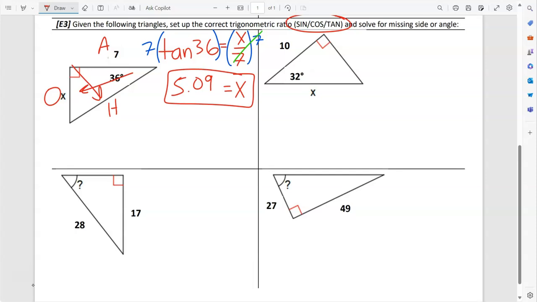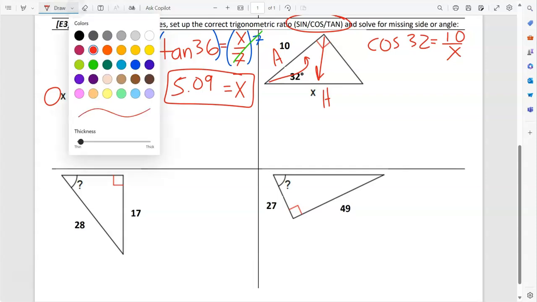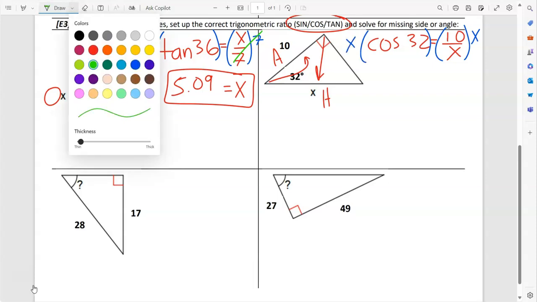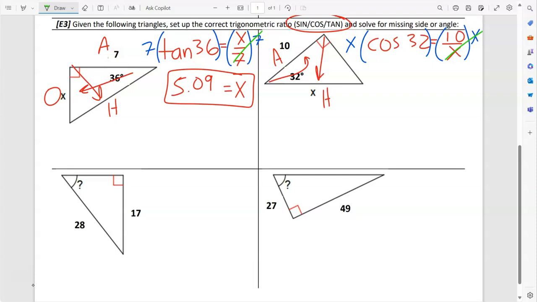All right, next one, hypotenuse, and this angle is my adjacent, so I'm using cosine of 32, and it's going to be 10 over x. To solve this one, we multiply both sides by x. The x's cancel out. So we have x times cosine 32 equals 10.